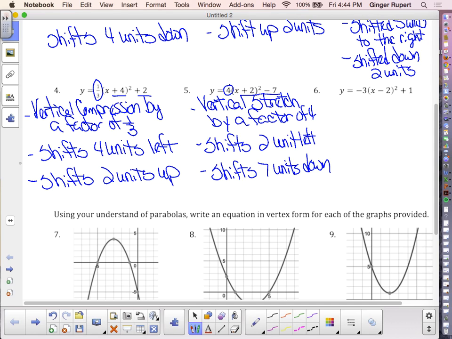Number 6, I have a negative 3. That tells me, 1, I have a vertical stretch by a factor of 3. It's negative, so that tells me it reflects about the x-axis.